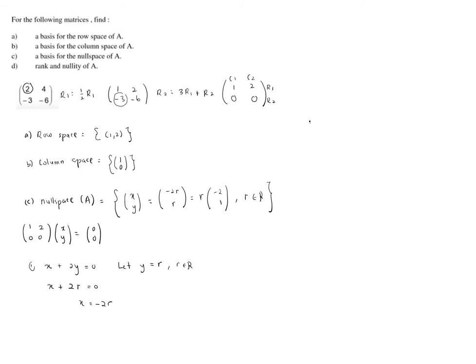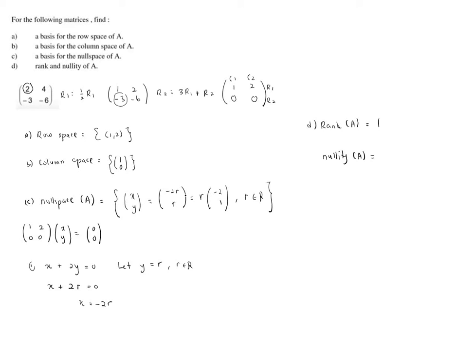And then for D, we want to find the rank and nullity. Rank of matrix A. So again, rank is the dimension of row space or column space. So we have one element in row space and one in column space. So rank will equal to 1. And then the nullity, look at null space.